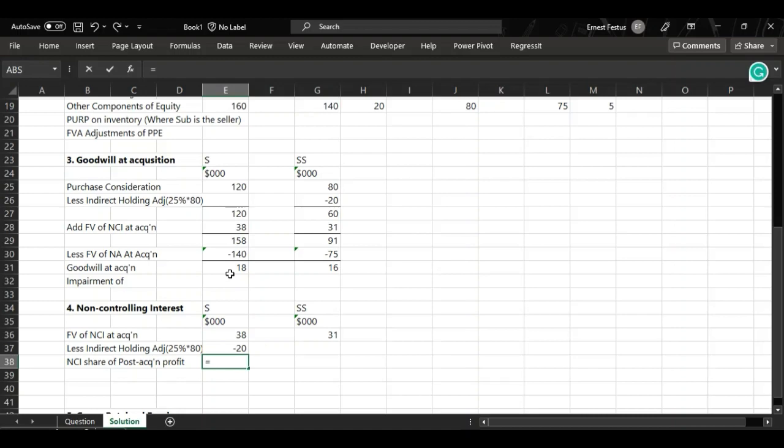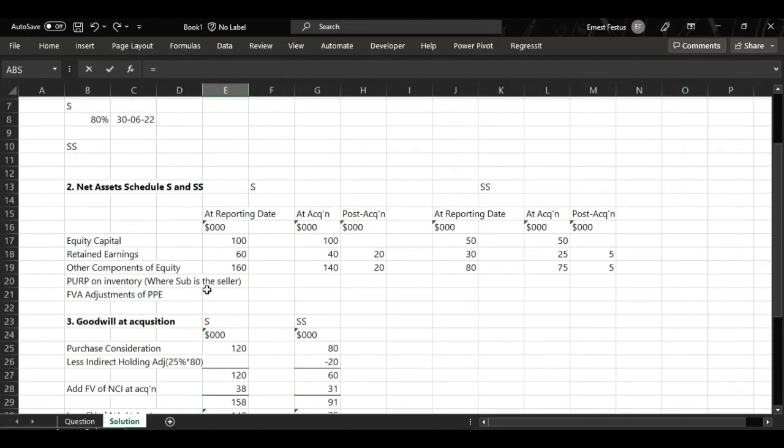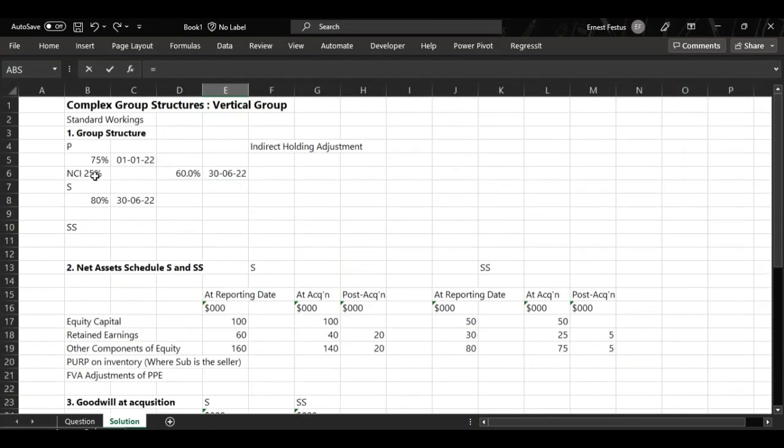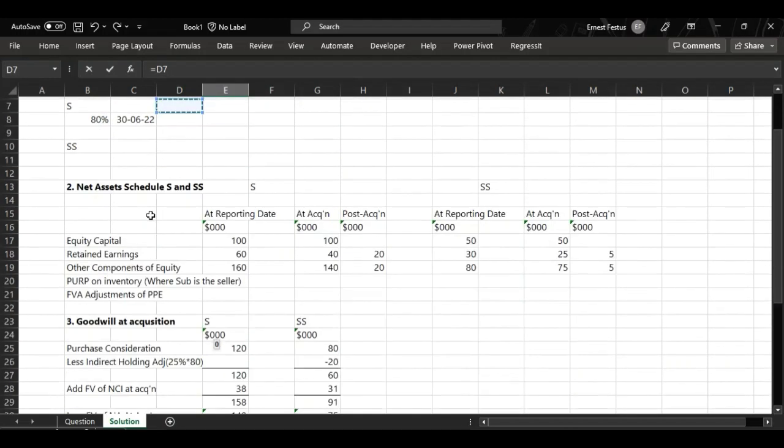So for our S, we know from the group structure that the NCI is 25%. So this is our control.